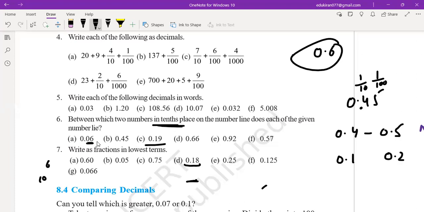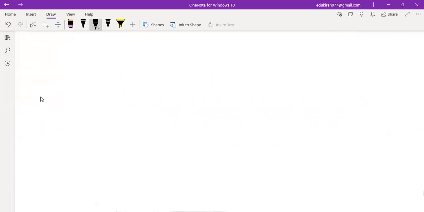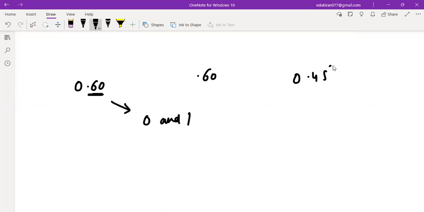Let me just explain it one more time. For example, it is 0.60. You have to see this one. So this 0.60 will always come between 0 and 1. Yes, ma'am. So this will be your answer. Now, if I give you 0.45, it will be in between 0.4 and 0.5 only, right?